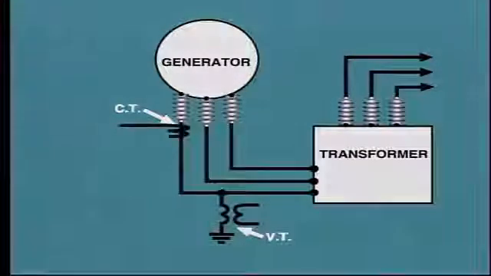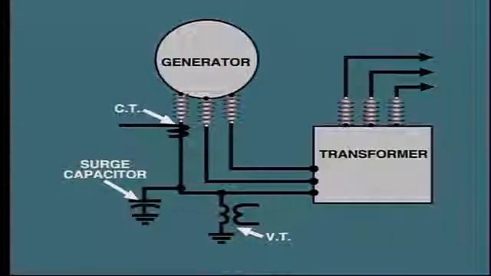Current transformers, CTs, are usually located close to the terminal bushings. These CTs measure the value of current and transfer this information to the control and protection system. In some generators, surge capacitors or lightning arresters are located at the terminals to protect the generator windings.